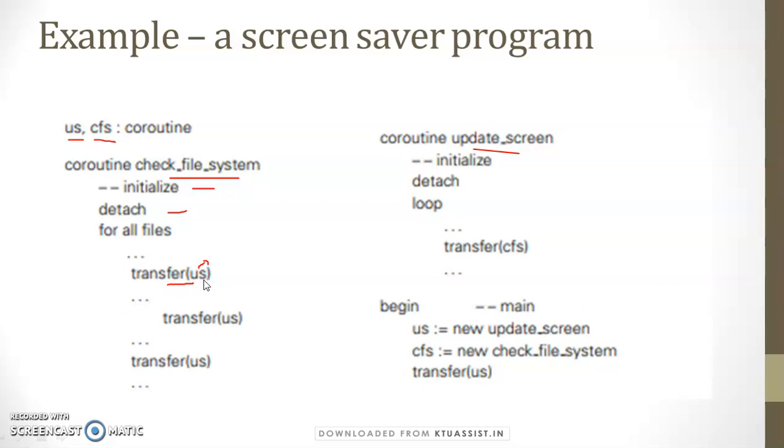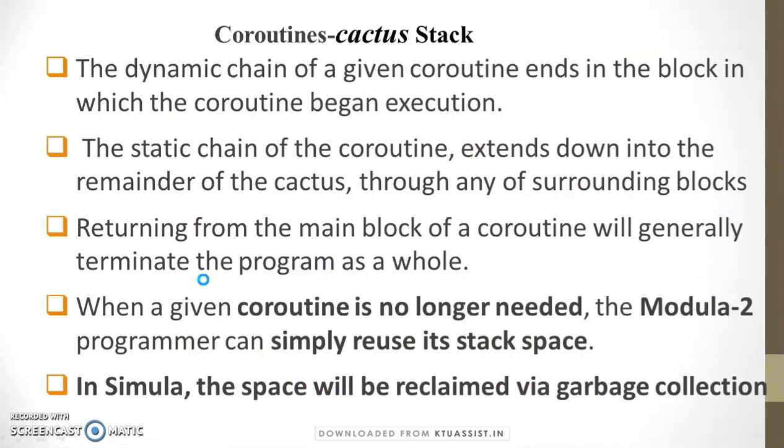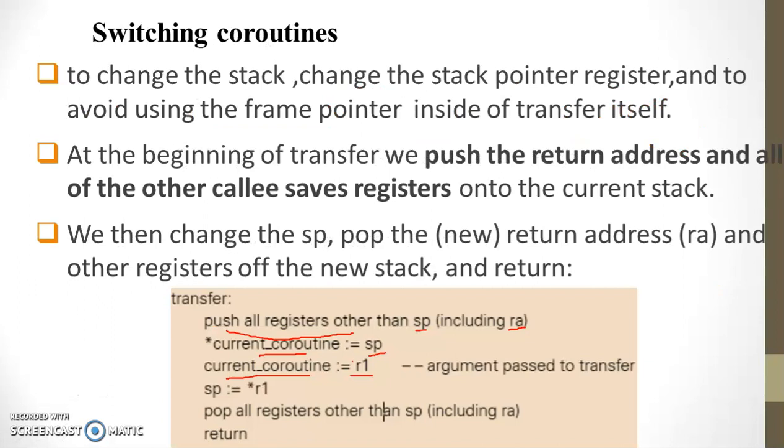So US will be treated as R1. So R1 will be given as a parameter, and the current coroutine will be pointing to R1. So the stack pointer will be the address of R1. Pop all the registers other than the SP, including the return address, and return from the program.